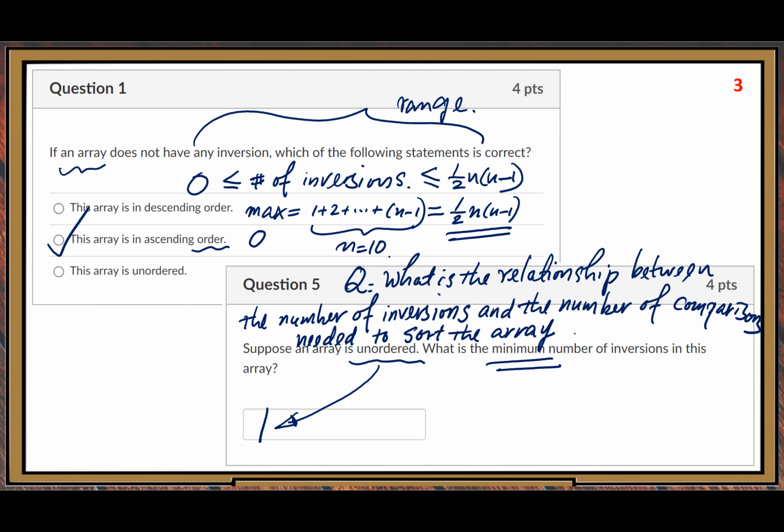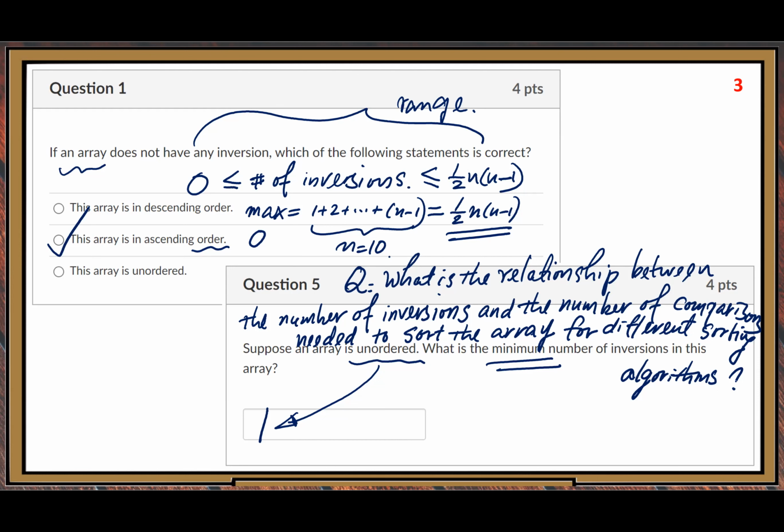Okay, for different sorting algorithms, because for different sorting algorithms, the relationship could be different.